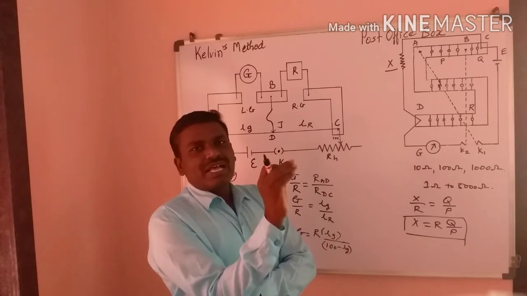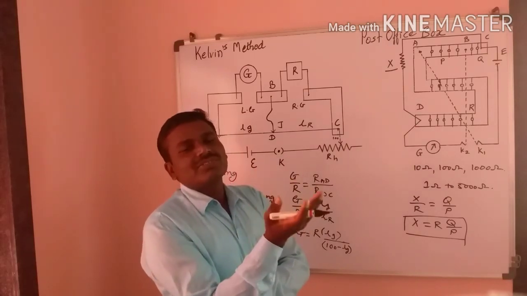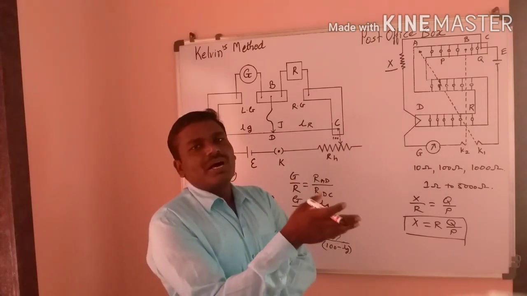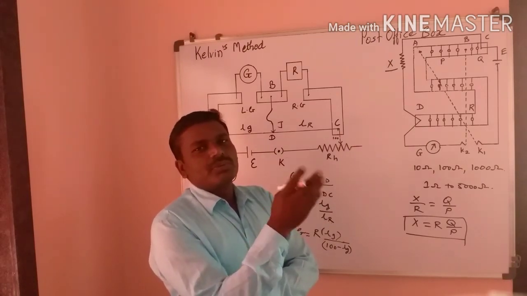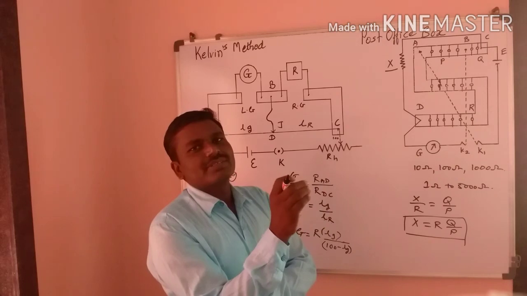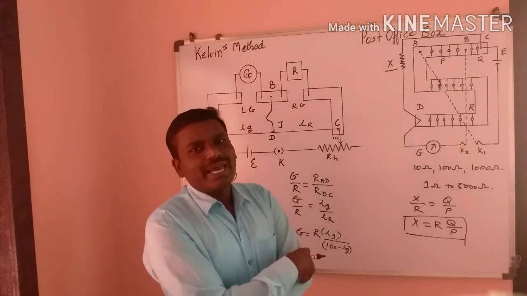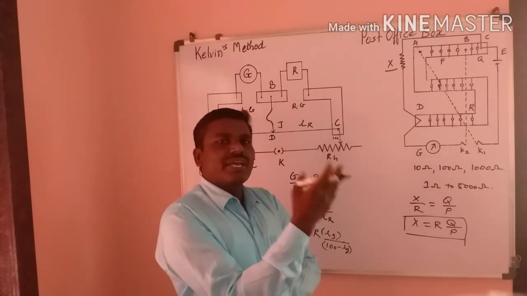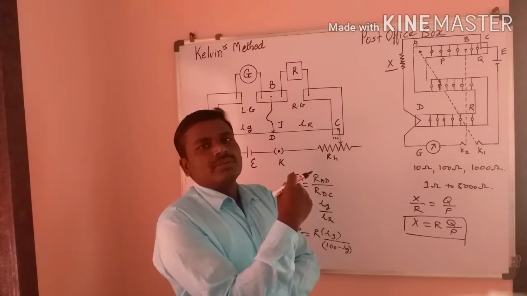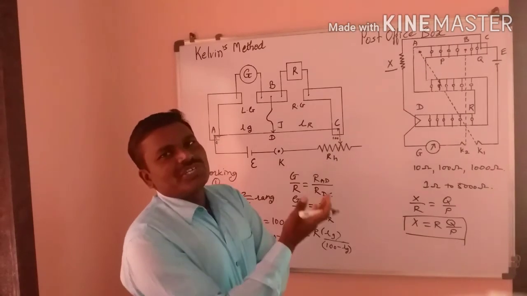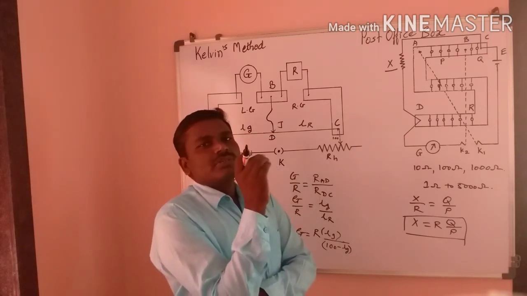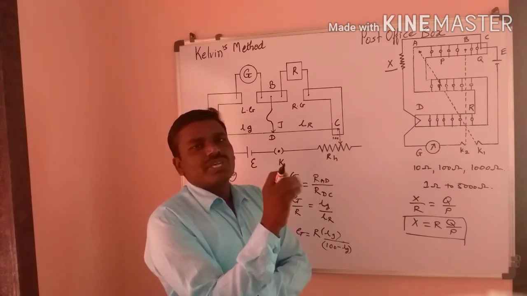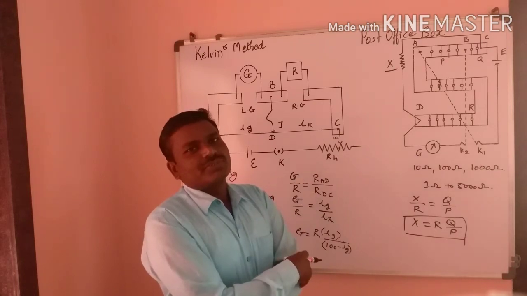Two resistances are of fixed value and the third resistance is a variable value, and instead of the fourth resistor a strain gauge is used. Again we take it as a Wheatstone bridge condition, and we can find out the strain measurement using Wheatstone bridge conditions. Thank you.